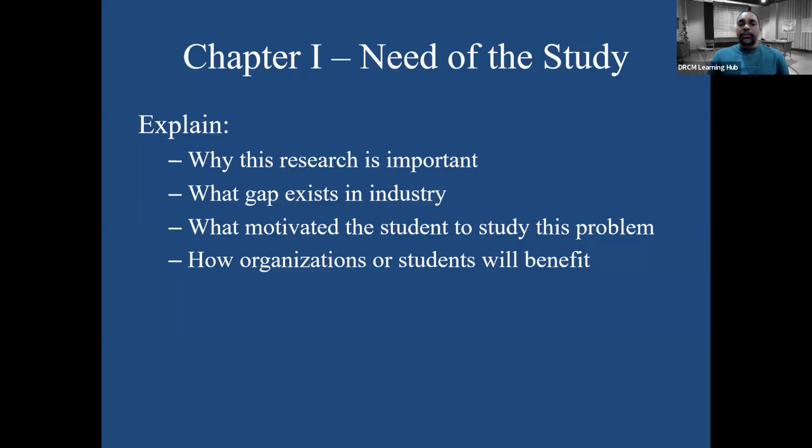Somebody will ask that question. That's why you have to say what gap exists in the industry: other people have more studies in this direction or way, but what I am doing this way, nobody has done. That is the gap that you need to mention in the need.